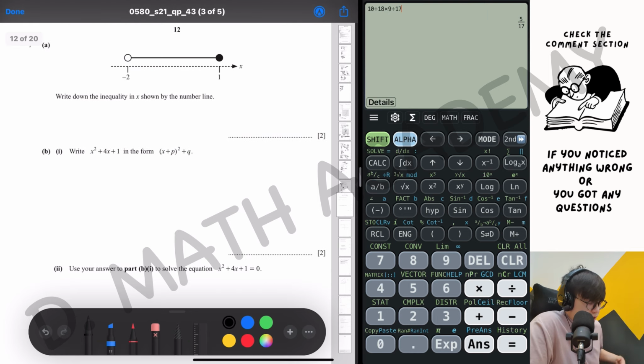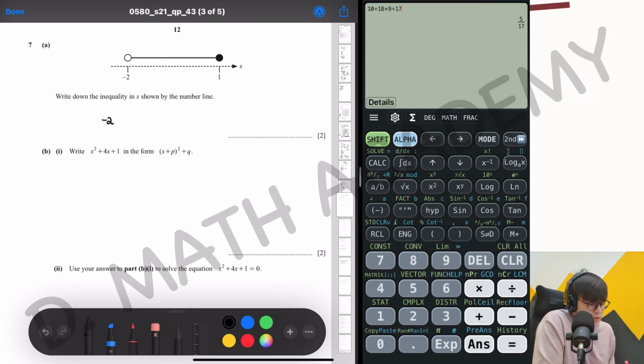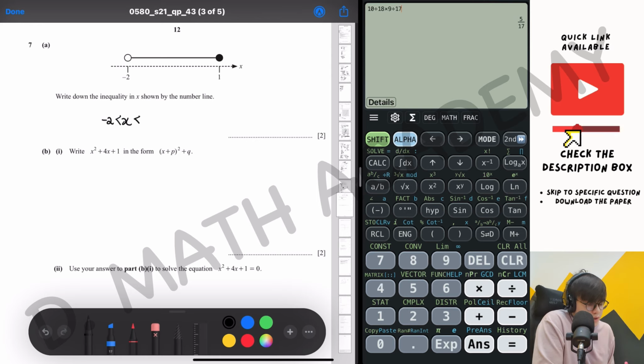Question 7a. Okay, so for this, -2 is not included, but your 1 is included. So this is how I would like the inequalities here. Arranging it in this particular form, because it's plus, I know that I'm using this. Okay, your a is actually the x there.